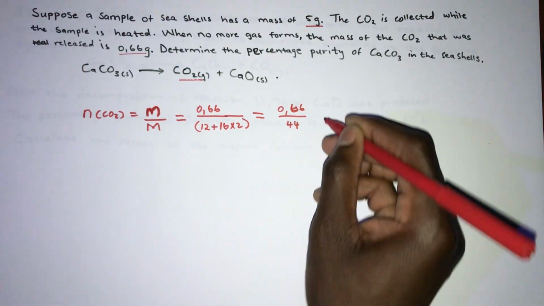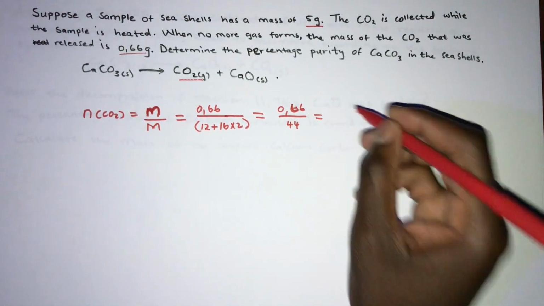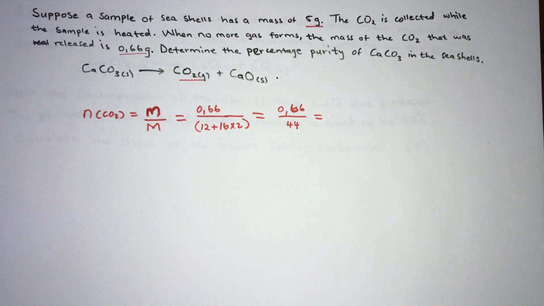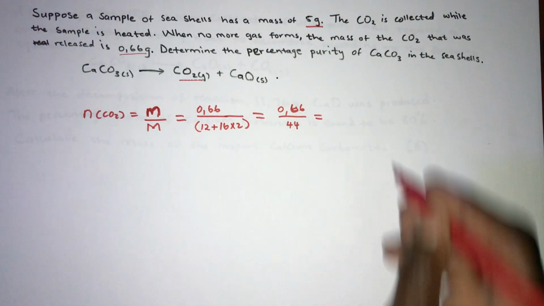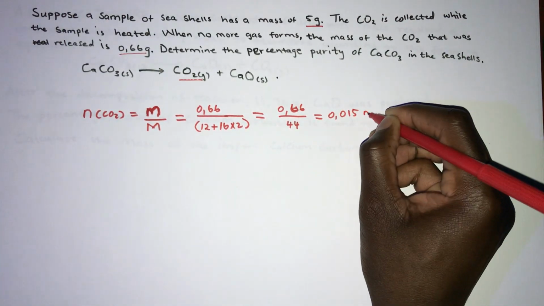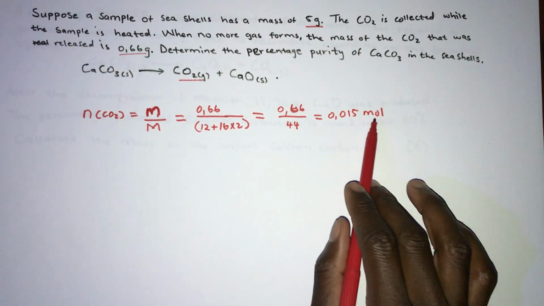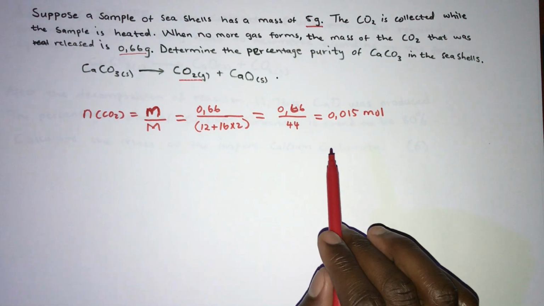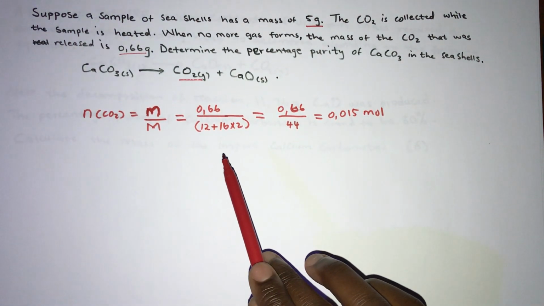So now the number of moles is 0.66 divided by 44. That is going to give us 0.015 mole. This is the number of moles of the carbon dioxide.